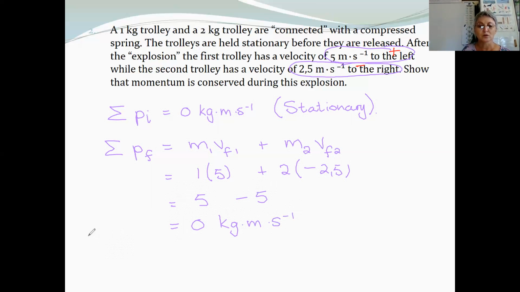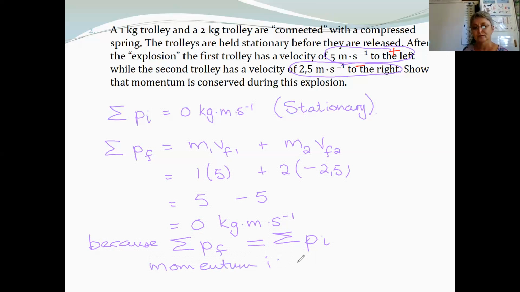And because the total final momentum is equal to the total initial momentum, momentum is conserved. It is always important to answer the original question.